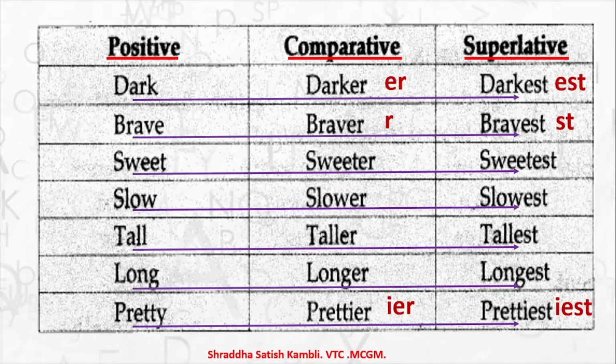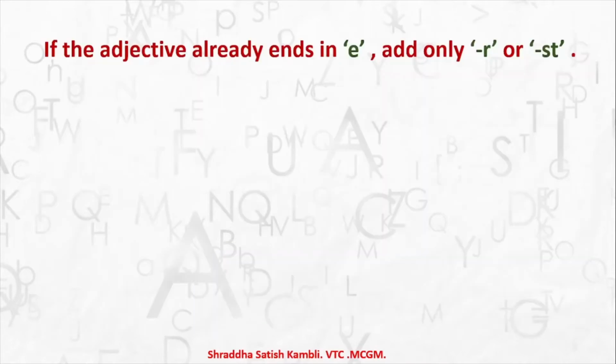You will see in most of the cases, children, for example in dark, in sweet, in slow, in tall, in long, we add ER and EST. So commonly to make comparative and superlative degrees, we add ER and EST. But when the adjective already ends in an E, like for example brave that we saw, you only add R and you only add ST because the E is already there. You need not add one more E. Let's take a look at some examples.